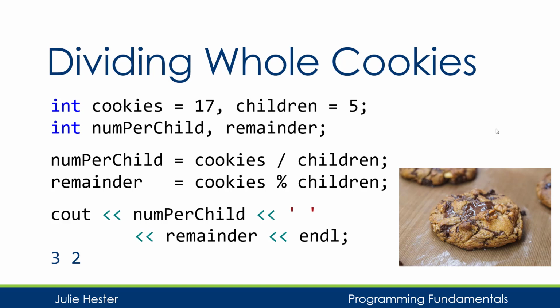Now, what do I do with the 2 cookies? It's probably not possible to take those 2 cookies and evenly divide them up between 5 children. There's no way those pieces will be equivalent, and the children will be upset, so I might just eat the cookies. I don't know. So that's one example of how we can use integer division and the modulo operator.